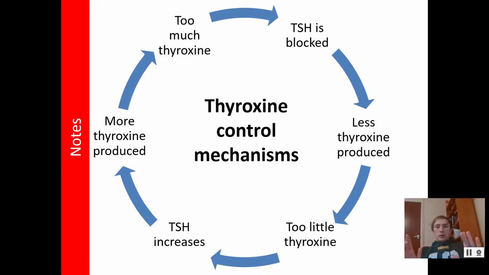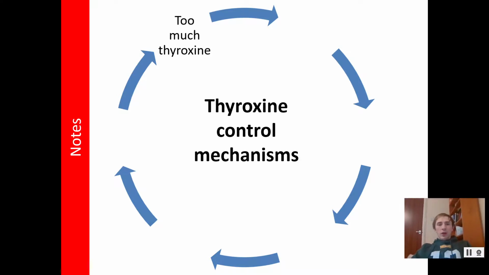Now, it's quite a complicated little diagram here, but if you know that thyroxine blocks TSH and TSH causes thyroxine, then you can work it out for yourself. Now, this is a feedback loop. What I'd like you to do is draw this diagram, and if you can without going back, fill in this diagram.